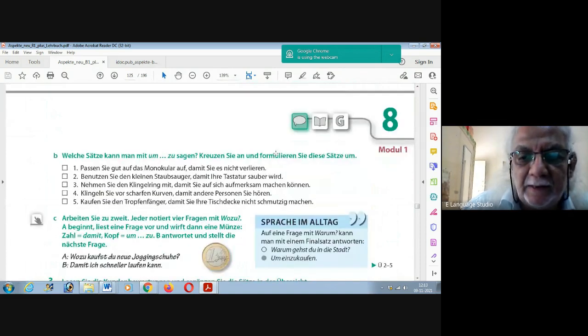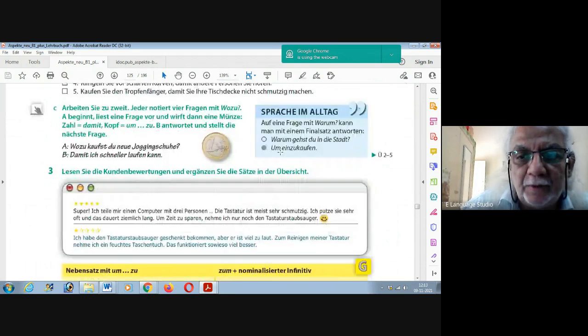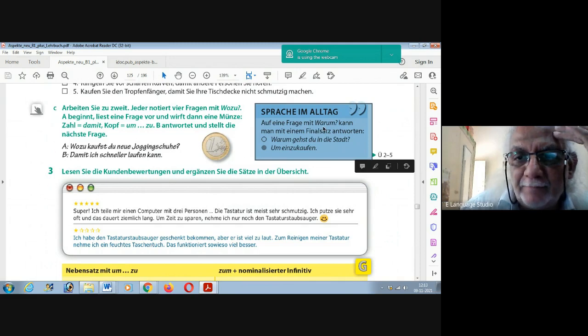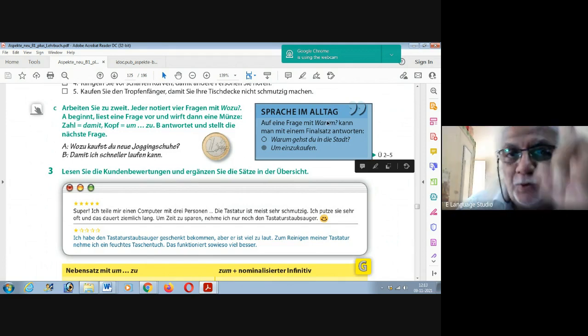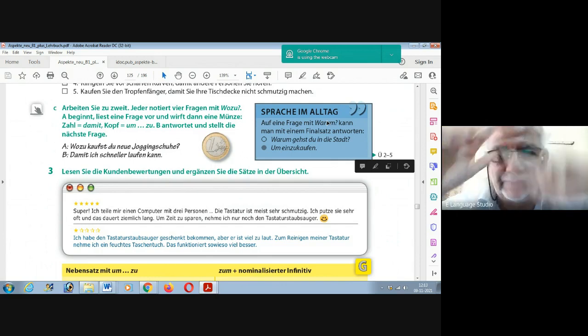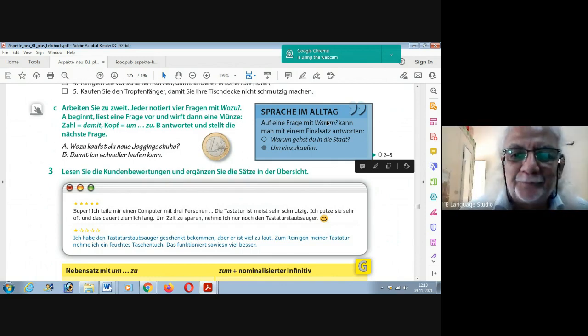So when do you use Konjunktiv II and damit und um zu? See? The hint again. Auf eine Frage mit warum kann man mit einem Finalsatz antworten. Remember I told you warum has two meanings. One reason, the other purpose. Intention, genau. Warum gehst du in die Stadt?